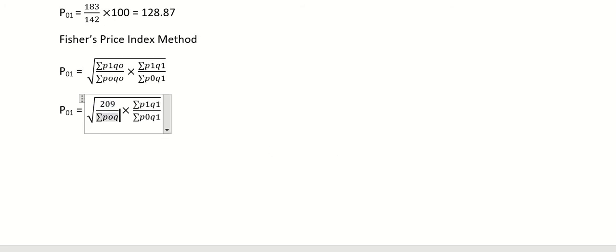Summation of P naught Q naught is 156. Then we have P1 Q1, its summation is 183, and summation of P naught Q1 is 142. Okay, also in formula there is into 100 also, which I forgot.